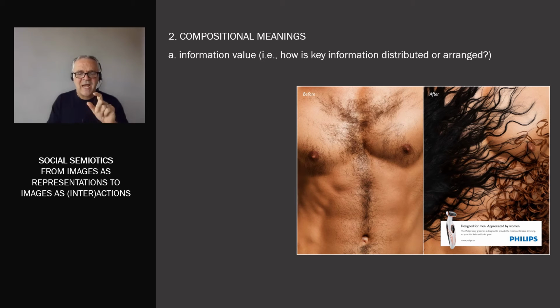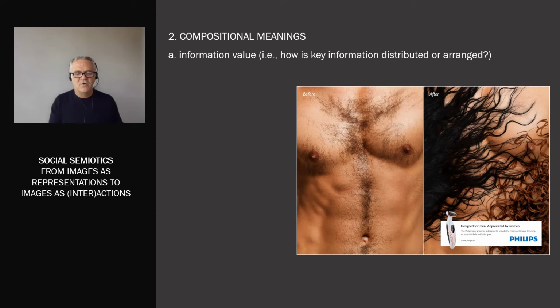But also note how the visual meaning is clarified and tied down, or in Roland Barthes' terms, anchored with the words. The slogans also, not just the ones at the top, but the slogan in the white box reads, "Designed for men, appreciated by women." These two short sentences, the verbal content, therefore, mirrors the two-part structure of the visual content.